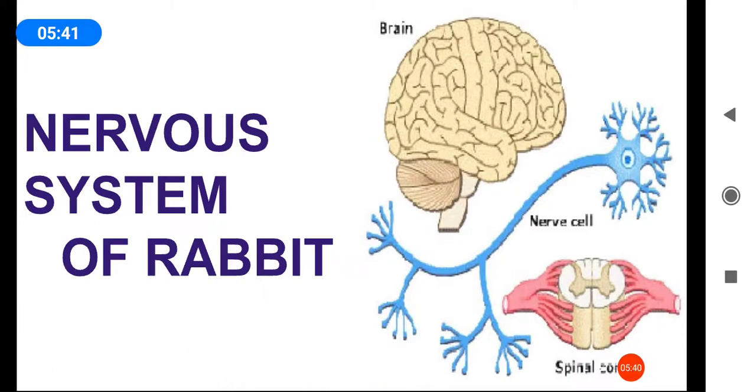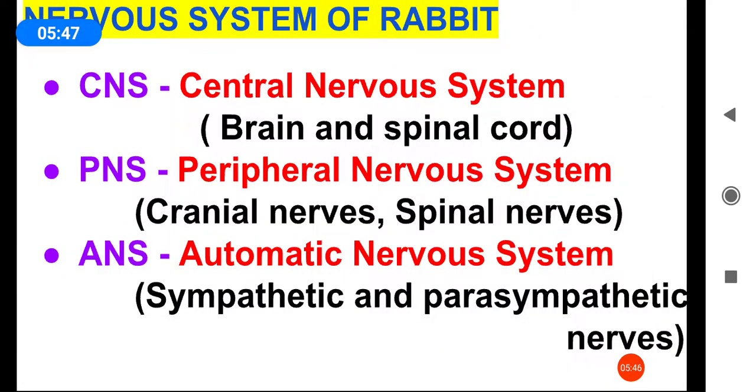Next, we are going to learn about the nervous system in rabbit. The nervous system of rabbit is formed of central nervous system, peripheral nervous system, and autonomic nervous system.